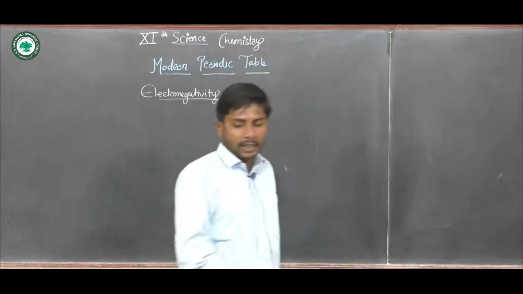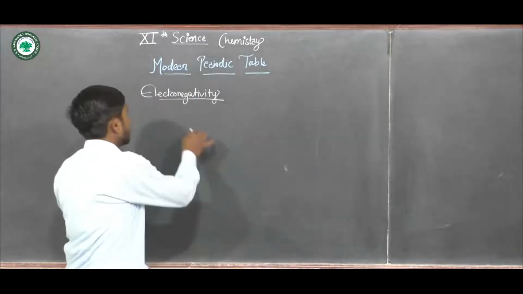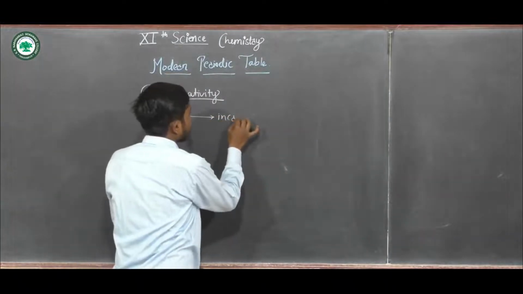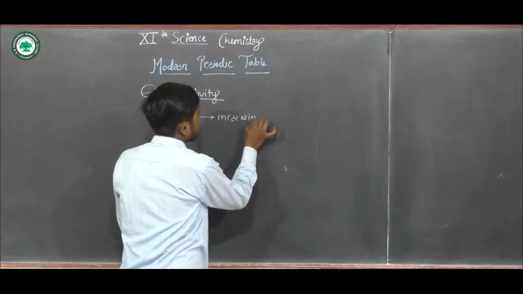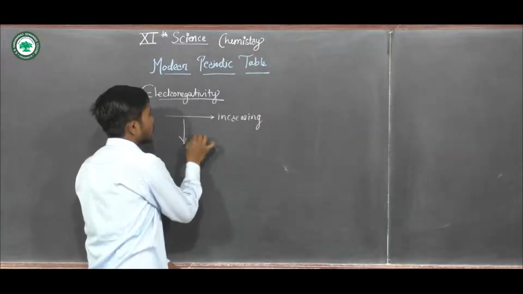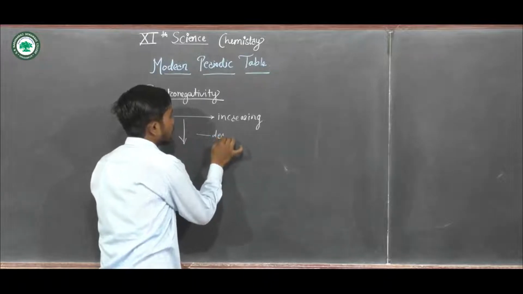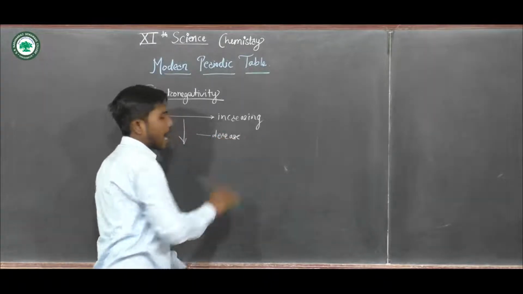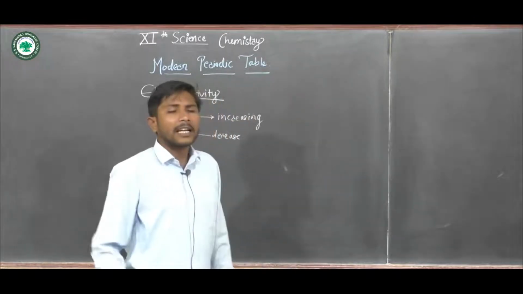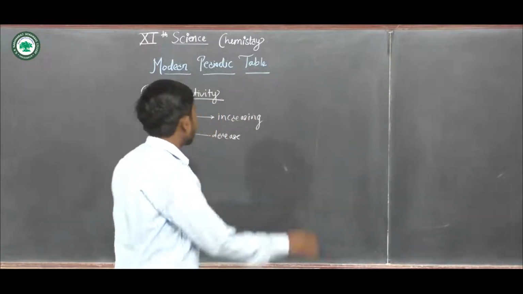This electronegativity, as we see, goes on increasing across the period, and it decreases down the group. Why? As we know, electronegativity is a tendency to attract the electron.